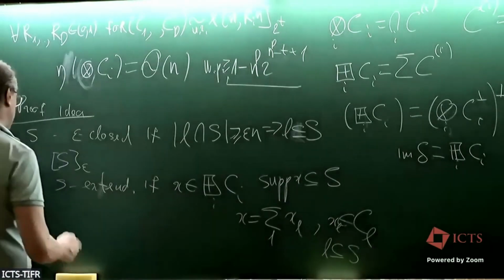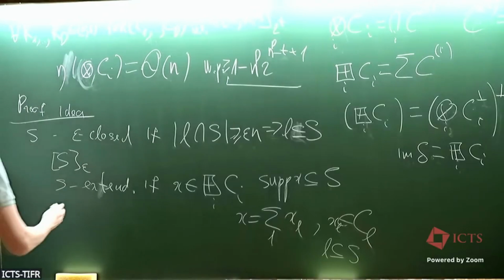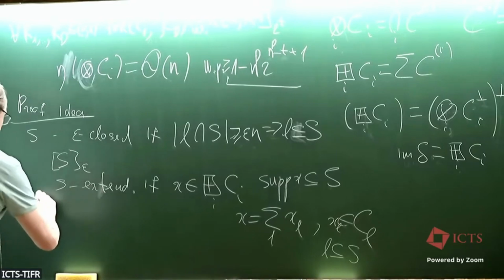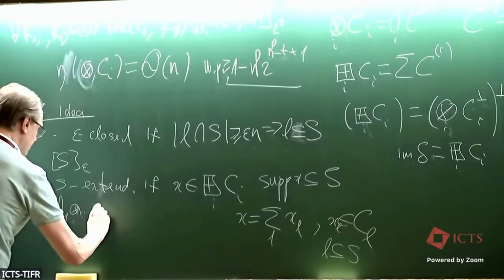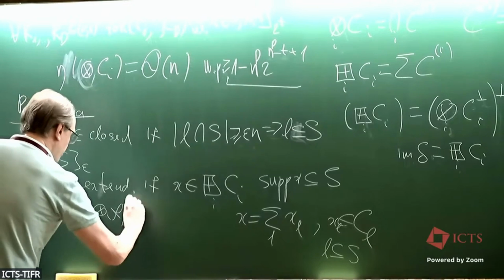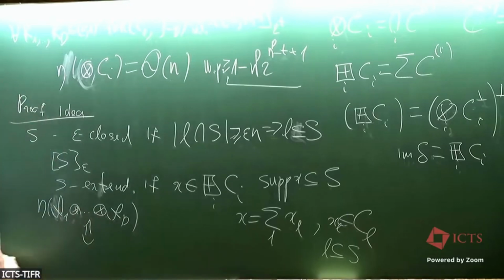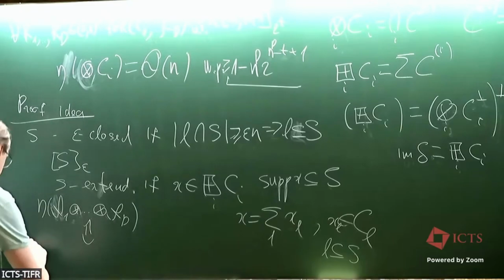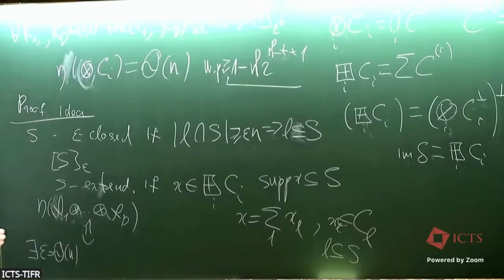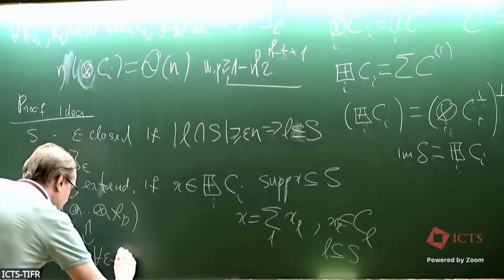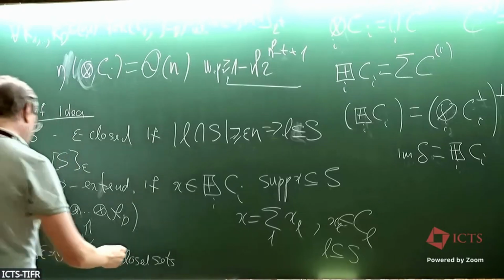And now what we do in our proof. First we observe that this property of good coboundary expansion is just equivalent to the property that there exists epsilon, which is theta n, such that all epsilon closed sets are extendable.